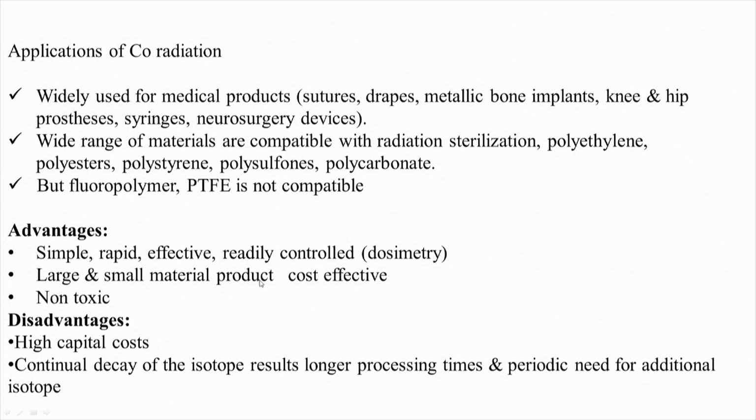Large and small materials can be done, it is cost effective and not toxic, but it is very expensive because we need to have a cobalt 60 source and get a lot of approval from the atomic energy authority for handling cobalt 60. And there will be continual decay of the isotope, so we need a very long processing time so that all the cobalt 60 is completely decayed out.